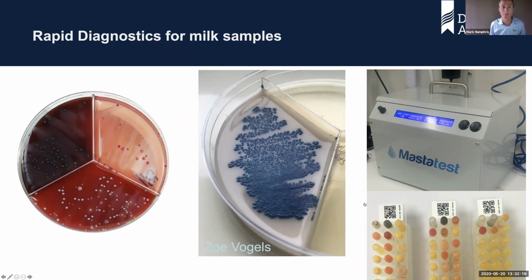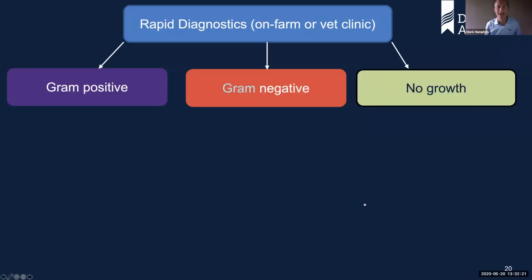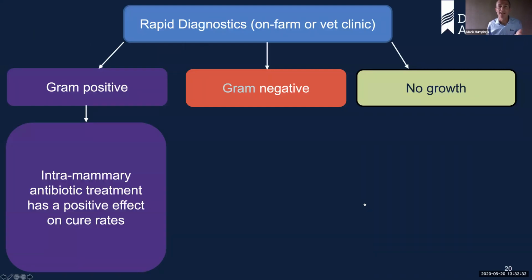So when the result comes back, what we're deciding on and seeking information about is: is that a gram-positive bacteria? If it is, then there's a higher chance that an intramammary antibiotic treatment has a positive effect on those cure rates.